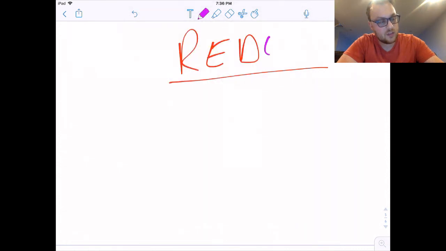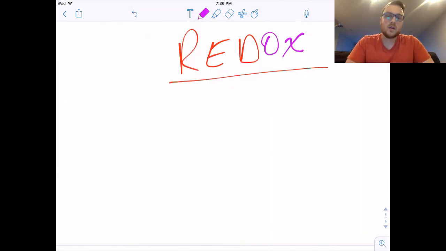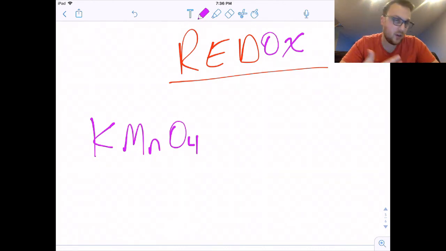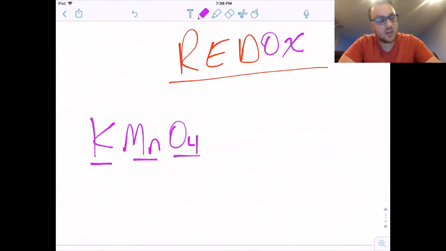The first basic thing you need to be able to do is, if given a formula, tell me what the oxidation number of each of those individual atoms is in that formula.